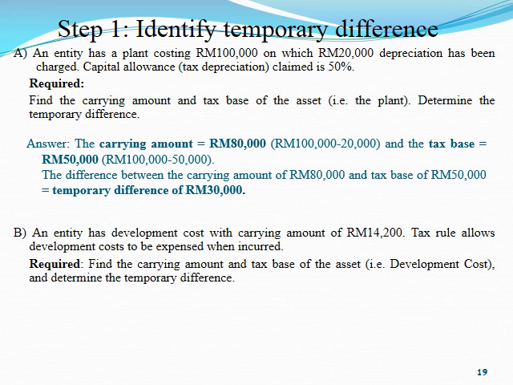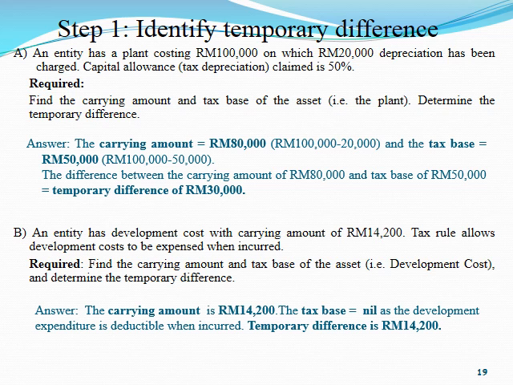So how much is the carrying amount and tax base of the asset, and how much is the temporary difference? The carrying amount for this asset is Rm 14,200. Meanwhile, the tax base is nil, 0, as the development expenditure is deductible for tax purposes when incurred. Therefore, the temporary difference for this asset is 14,200.